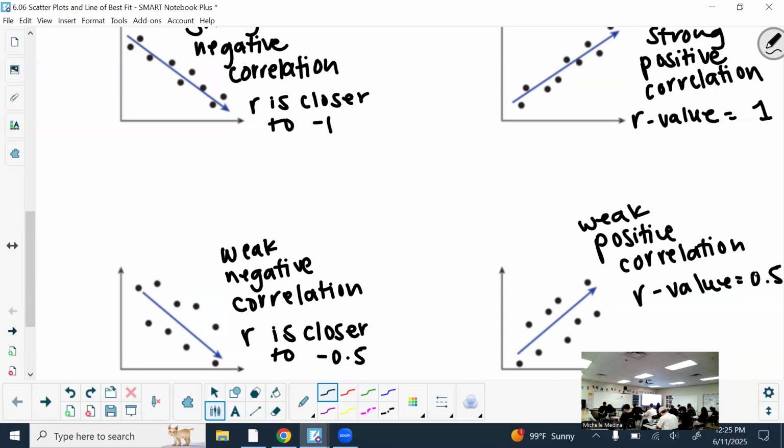Because again, if you tell it's positive, like it's going up, closer to 0 would be like we can't even tell if it's going up or down. But it's definitely not as strong as the one above it. Questions on vocabulary for R value and correlation coefficient?